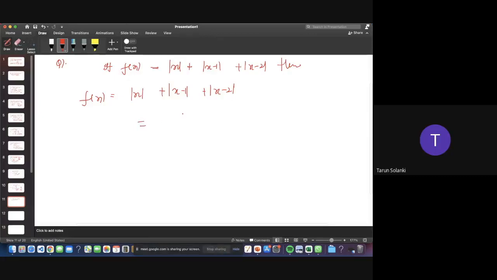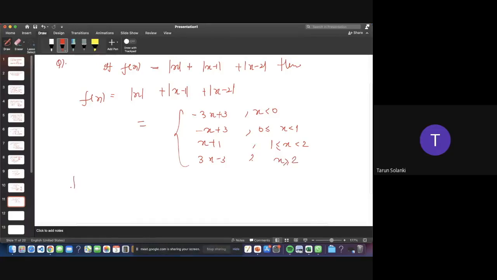So this will be minus 3x plus 3 where x is less than 0, minus x plus 3 where x is between 0 and 1, x plus 1 where x is between 1 and 2, and 3x minus 3 where x is greater than or equal to 2, right?